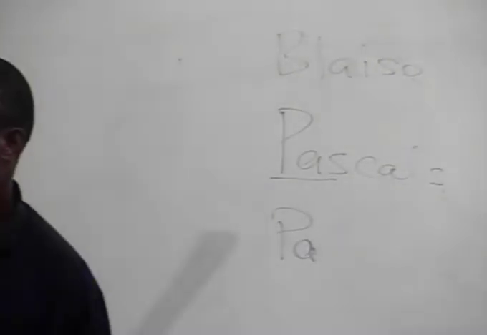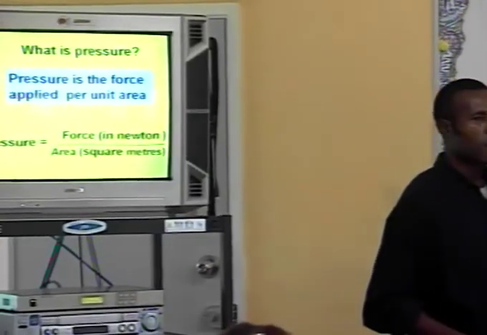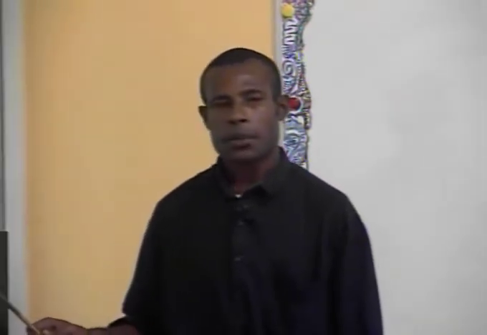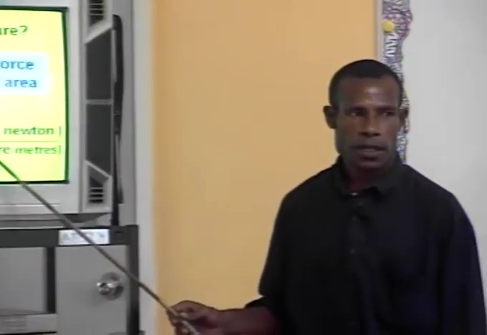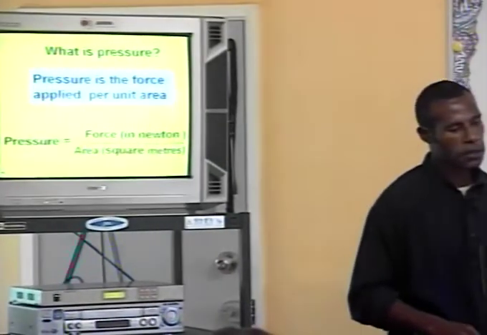If the force is in newtons and the area is in square meters, then the pressure is in Pascals. If it is in newtons per square centimeter, it is not in Pascals. Okay, that is a unit of pressure.